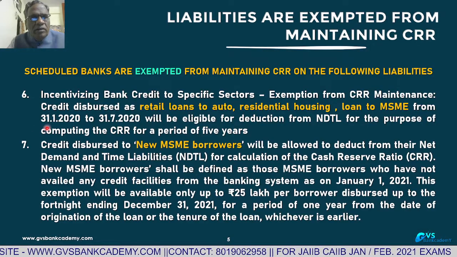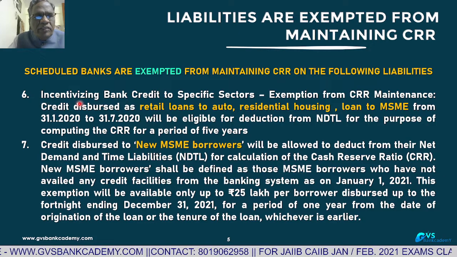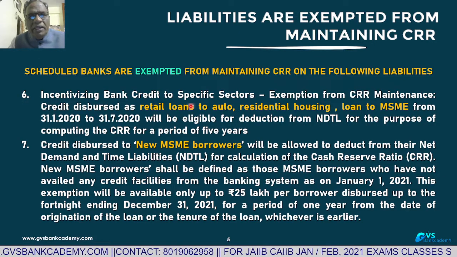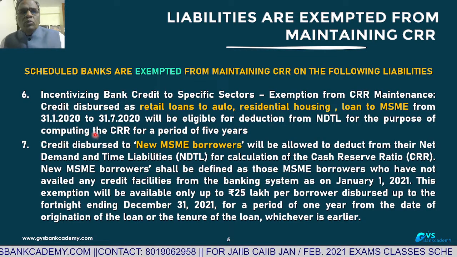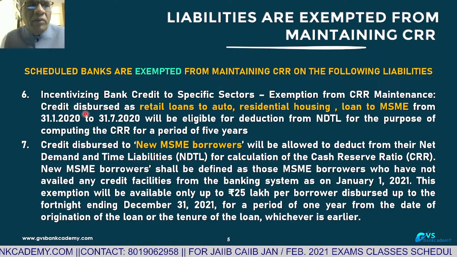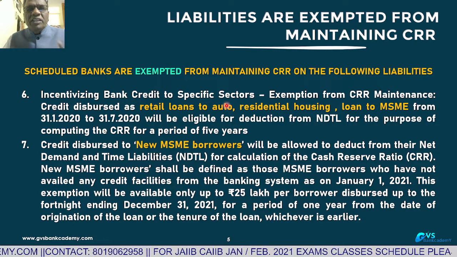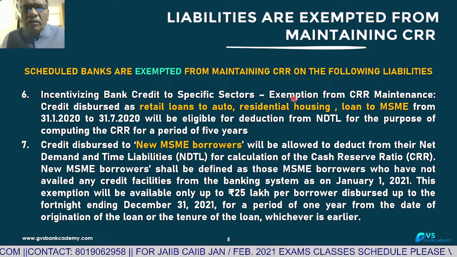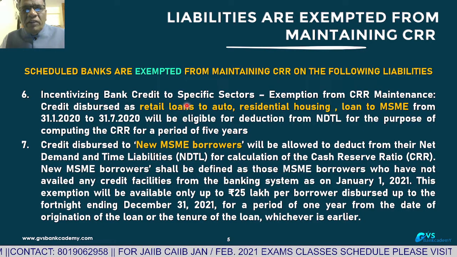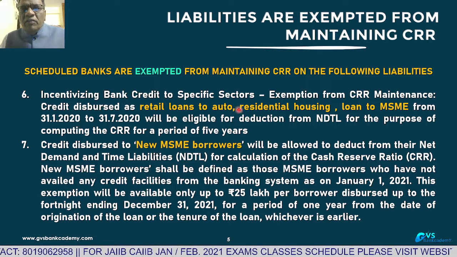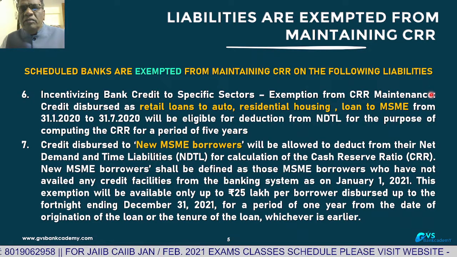Sixth point, incentivizing bank credit to specific sectors. In 2020, RBI had given one circular for incentivizing bank credit to specific sectors. Whatever loans banks give to specific sectors for a specified period are exempted from CRR maintenance.